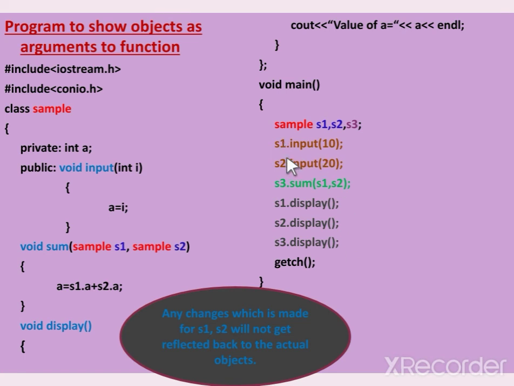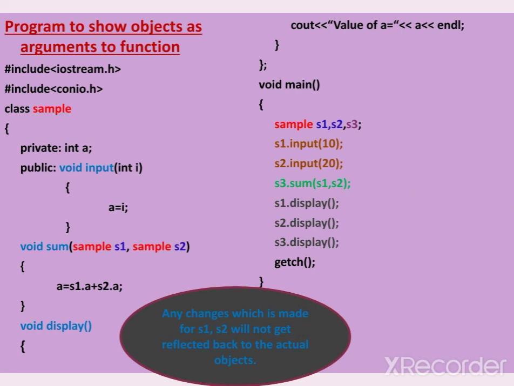See here, we start with the first object S1. S1 dot input, with value 10. Here I am passing value 10, accessing the member function. What will happen now?